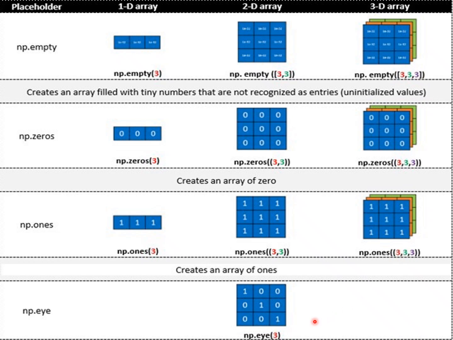If we want to create a matrix with values on the diagonal, we can give np.I, where I refers to the identity matrix. So an identity matrix will be created if you give this function.